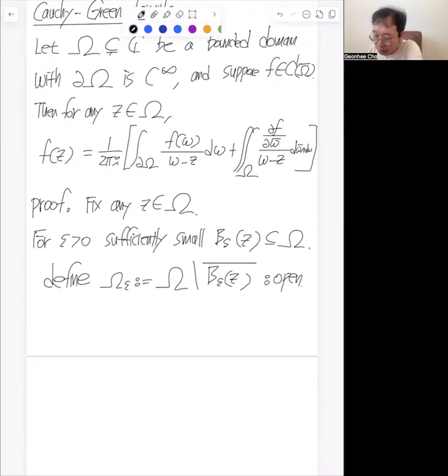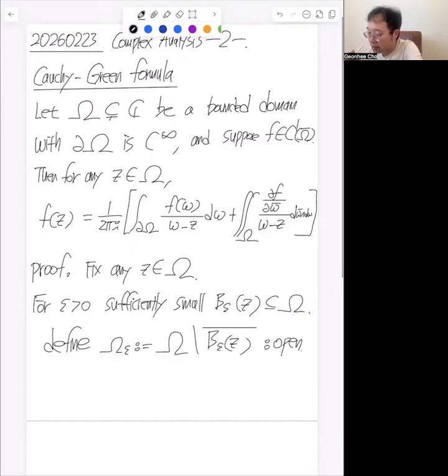So now we have omega sub epsilon that makes the function we want to consider, such as the effect of the denominator 1 over omega minus z, so that we don't need to worry on this omega sub epsilon because we already excluded the point z.